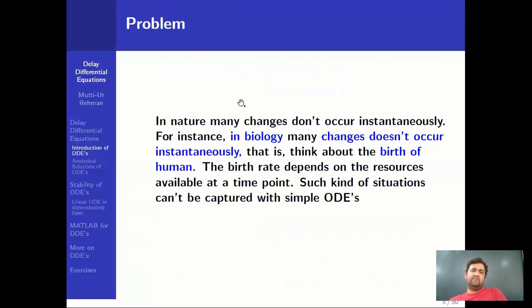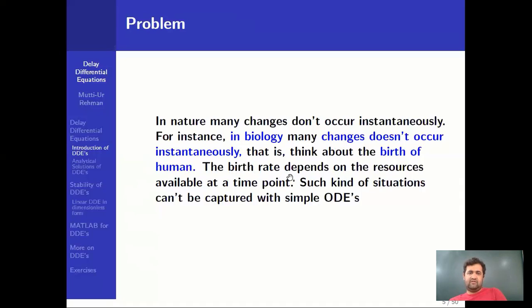Okay. Even in nature, things don't actually happen instantaneously. So for instance, you can think about biology. In biology, the changes don't occur instantaneously. Just think about the birth of a human.